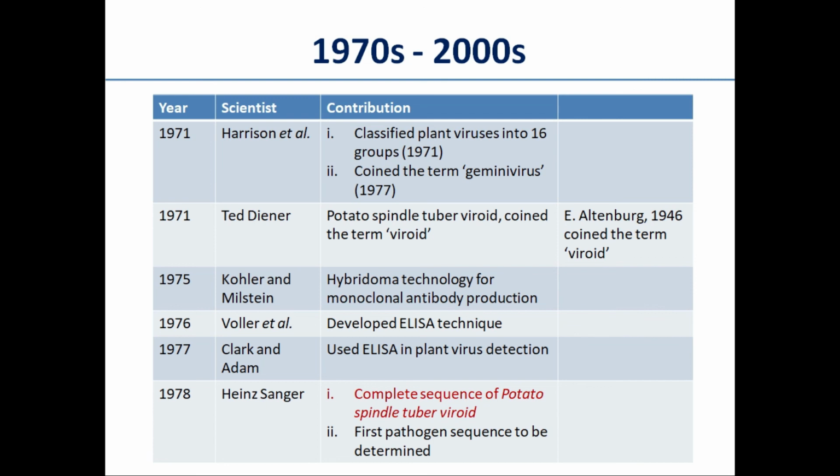Viroids are nothing but small single-stranded naked RNA molecules. So first potato spindle tuber viroid complete sequencing was done by H. Sanger. So it was the first pathogen sequence to be determined, in the year 1978.